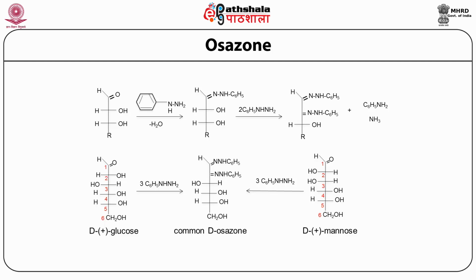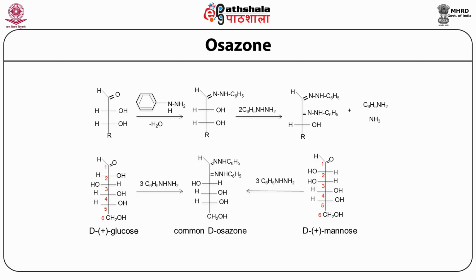And if you look at the series of steps that lead to the formation of a sugar osazone, you will see that you actually need a free functional aldehyde group for the phenylhydrazine to react with the sugar.